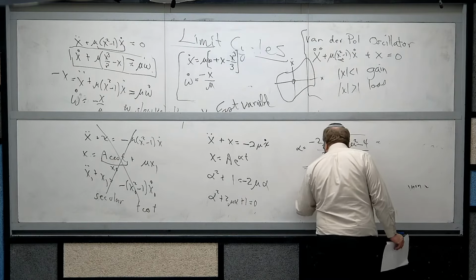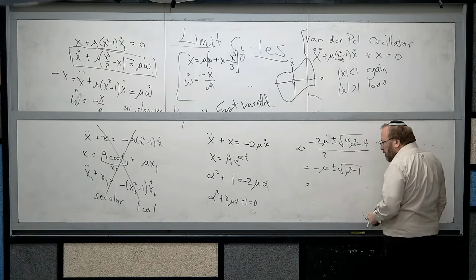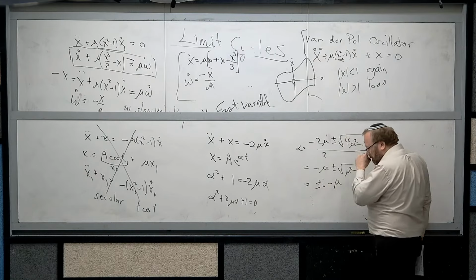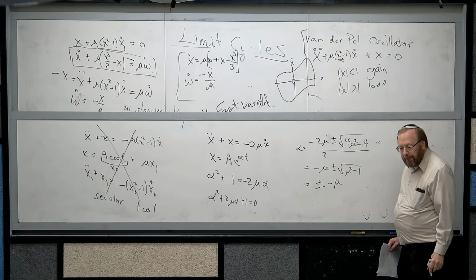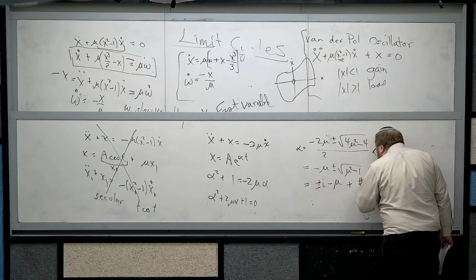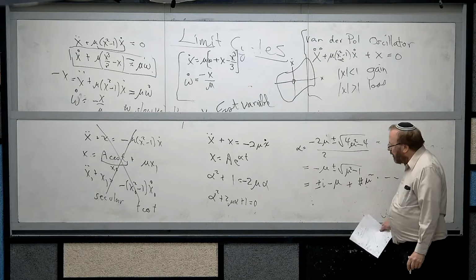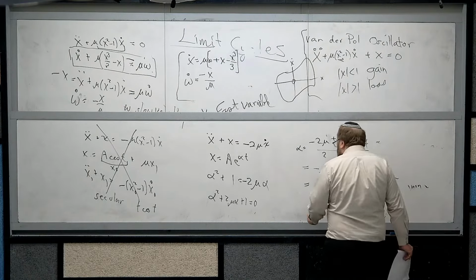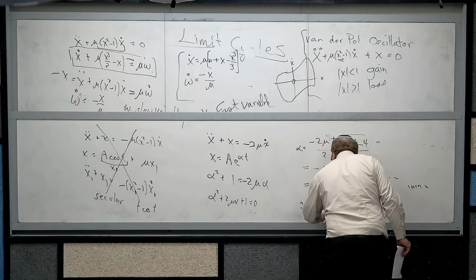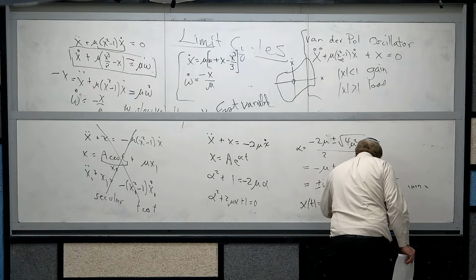Since mu is small, the square root of minus 1 is plus or minus i, so alpha is minus mu plus or minus i, plus something times mu squared plus whatever. But mu is small. So what does this thing look like? We know what it looks like. x of t is a e to the minus mu t cosine t, say.